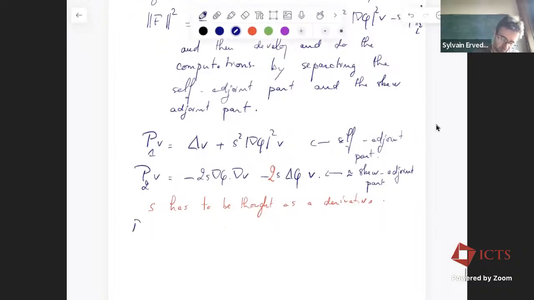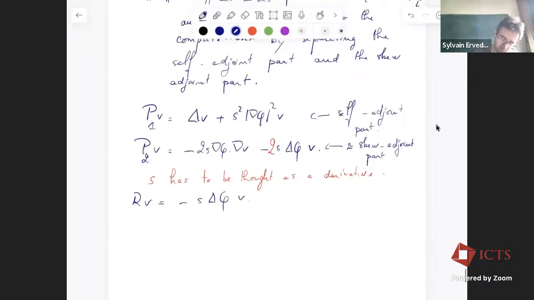And we have a remainder, RV, which is minus S Laplacian phi V. And then we have that P1, so that F plus RV equals P1V plus P2V.